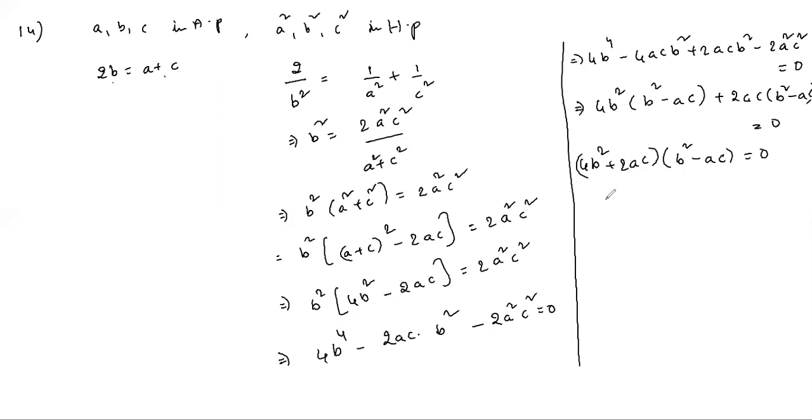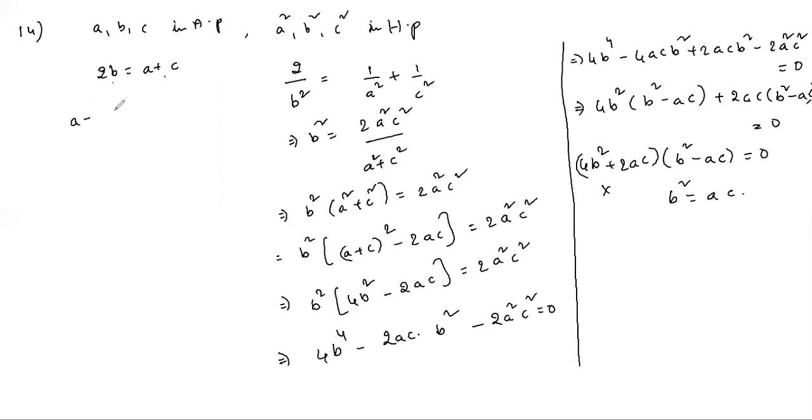But the first factor is not equal to 0 because all are positive real numbers, so b squared equal to minus 2ac is not possible.